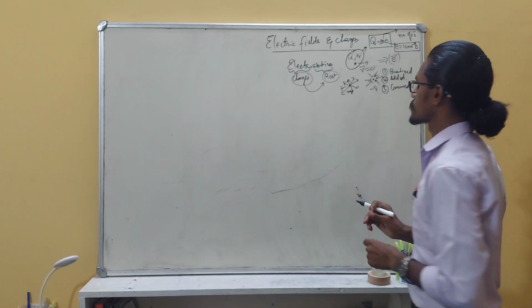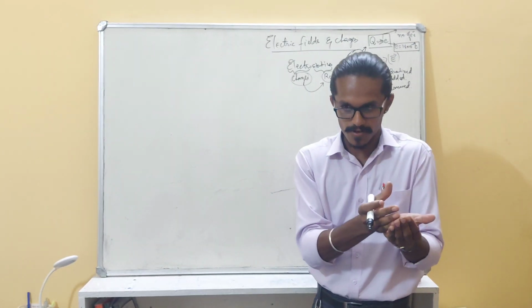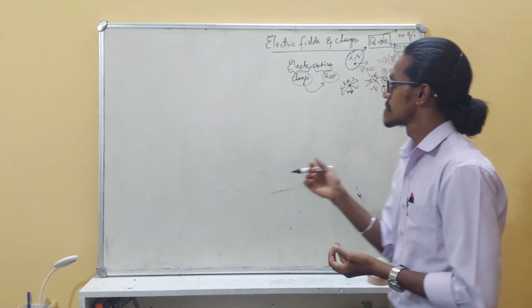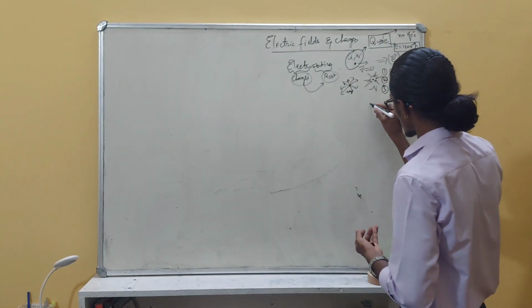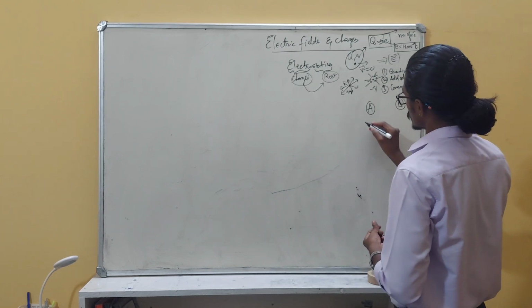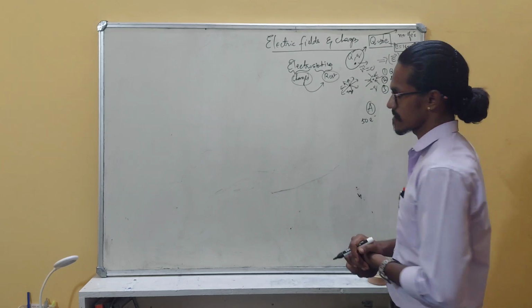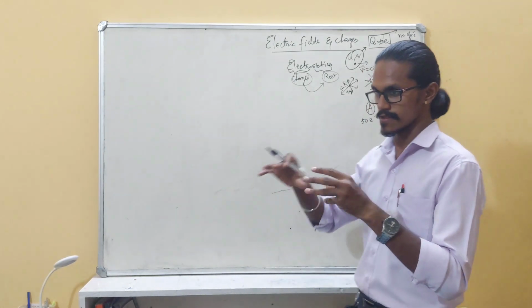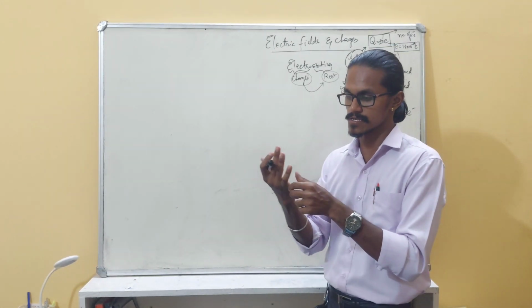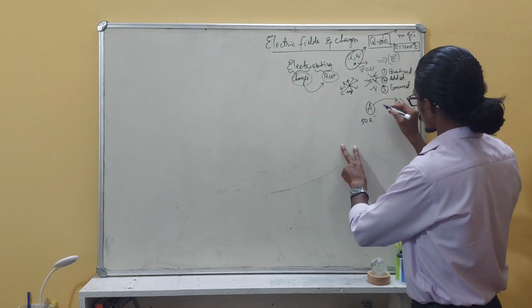Conserved means if any process takes place, the total charge before the process is equal to the total charge after the process. For example, there is a system A and another system B. This system has 50 electrons. This system also has 50 electrons. By an external force or external disturbance, electron transfer takes place.